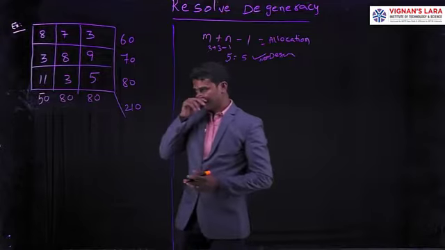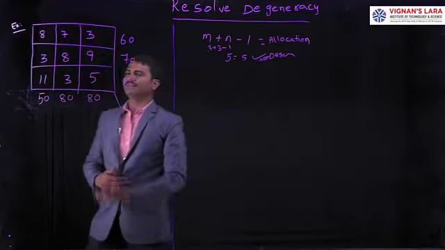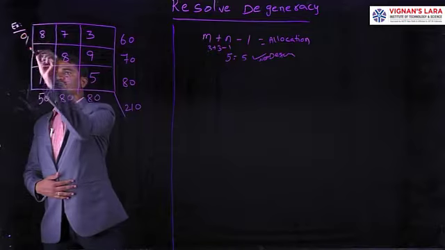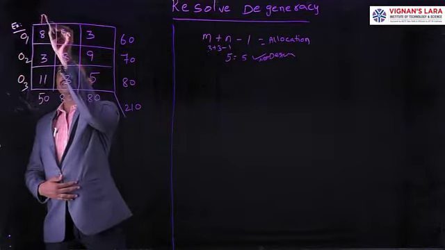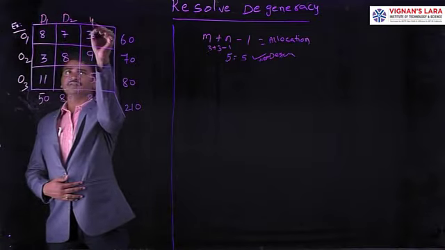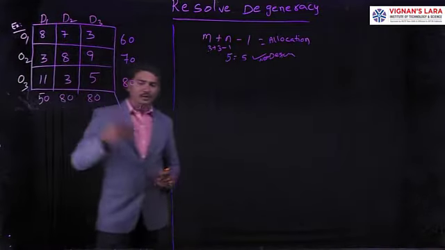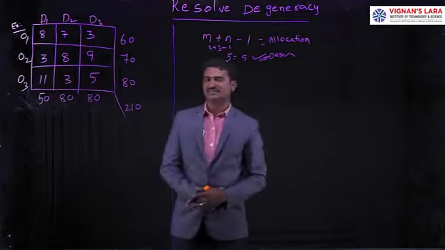Okay, coming to the example, here I have taken three supply stations or origins, and 3 demand centers, D1, D2, D3. Now I am going to find the initial basic feasible solution.